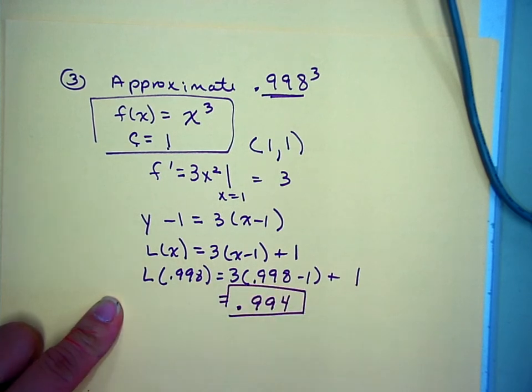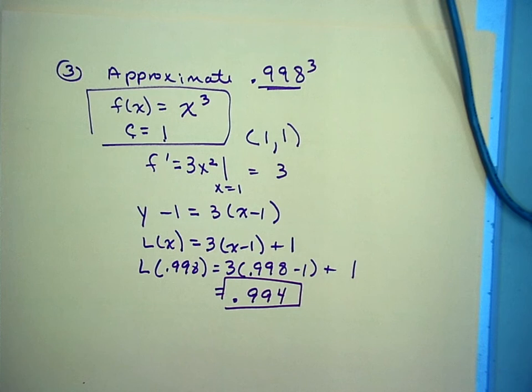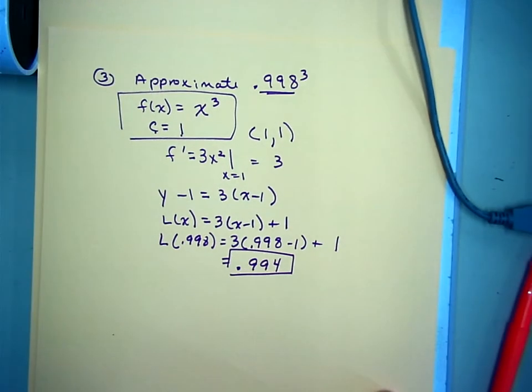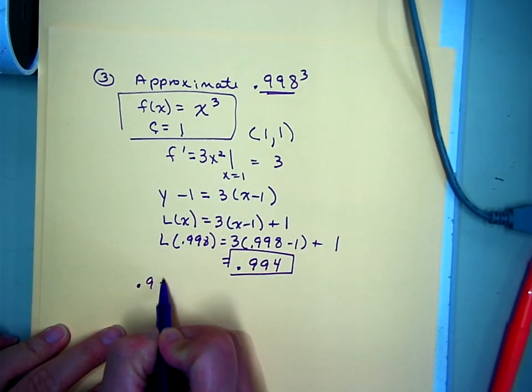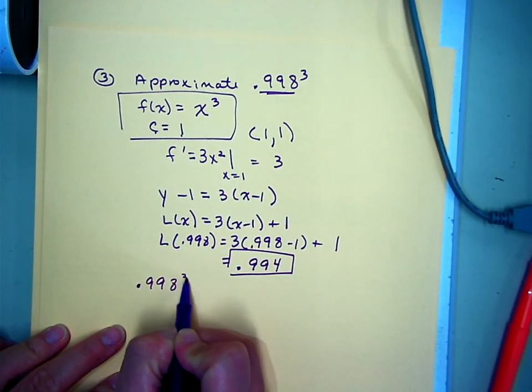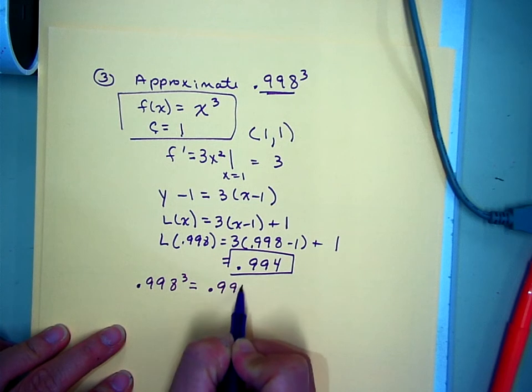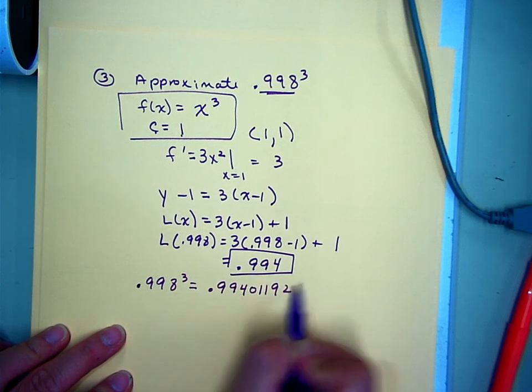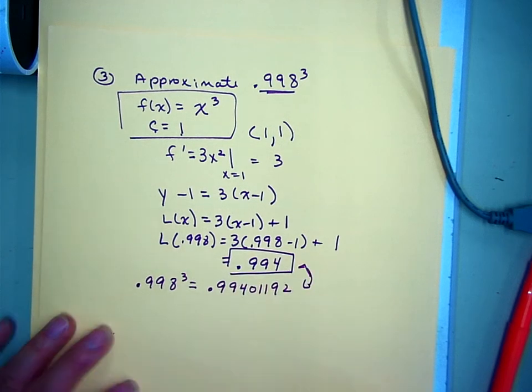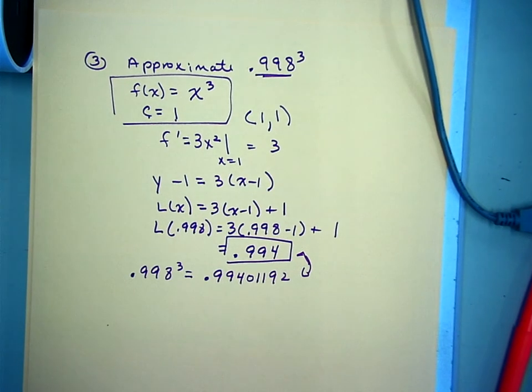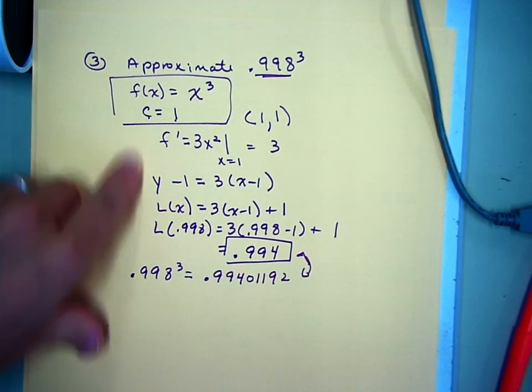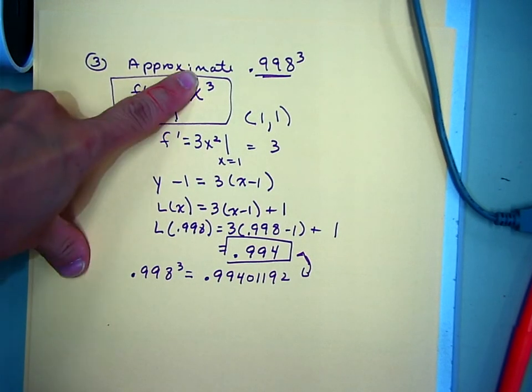So this is your approximation for 0.998 cubed. If you actually type in 0.998 cubed in the calculator, it's 0.99401199 or so. So notice that the tangent line gives us a pretty decent approximation because we use the number very close to that point of tangency.